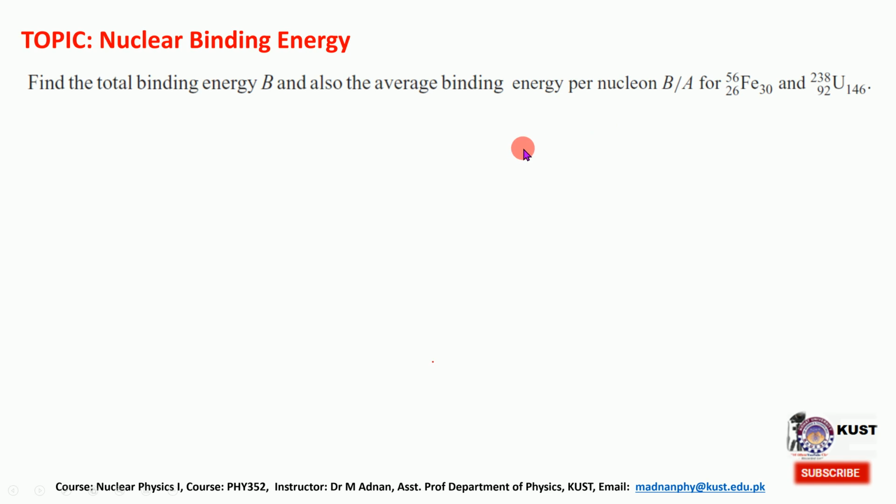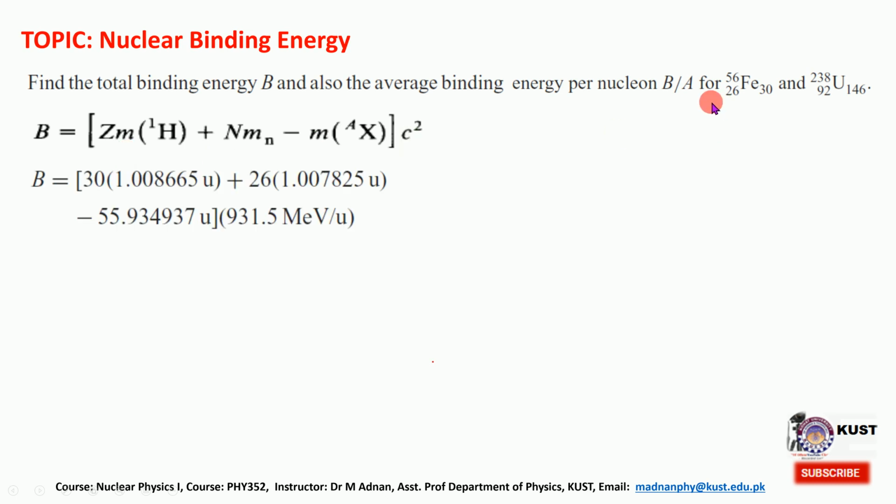So first we need to use that expression for the binding energy to calculate the binding energy and also the binding energy per nucleon for the element iron, and also for uranium 238. So we'll start with the binding energy expression, and then we will be using the data.